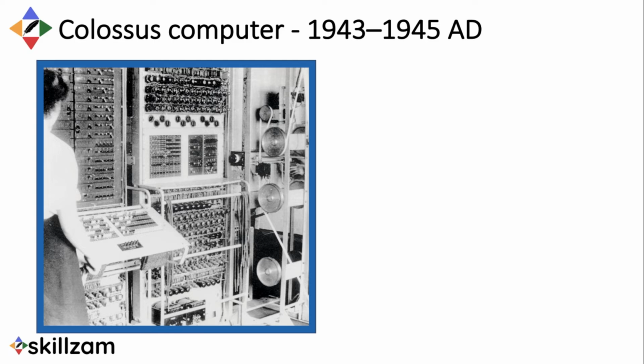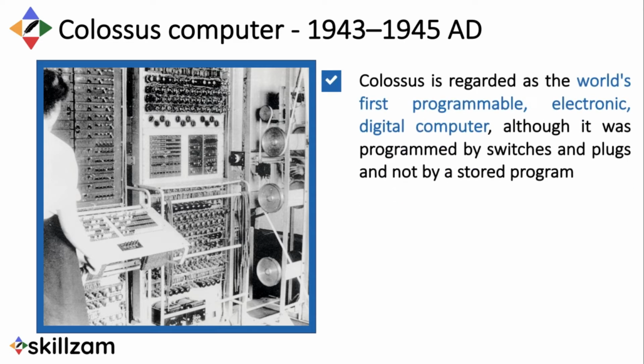Colossus computer, 1943-1945 AD. The first really successful electronic computer was built in Bletchley Park, England. It was capable of performing only one function, that of code breaking during World War II.